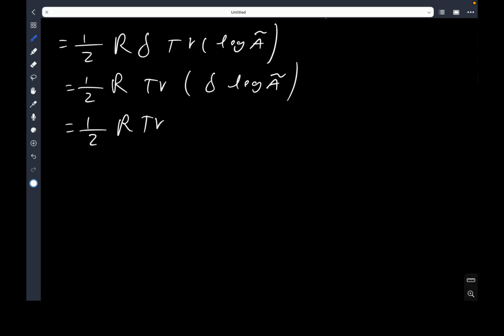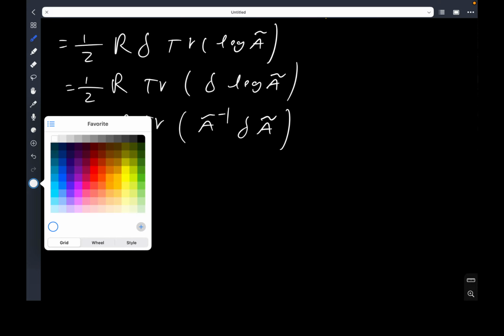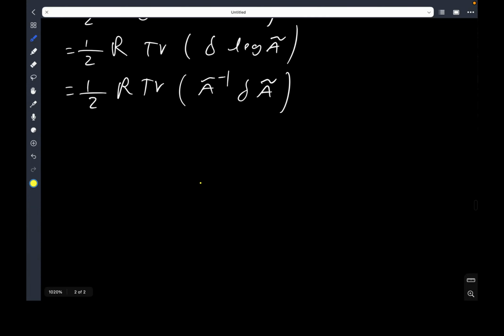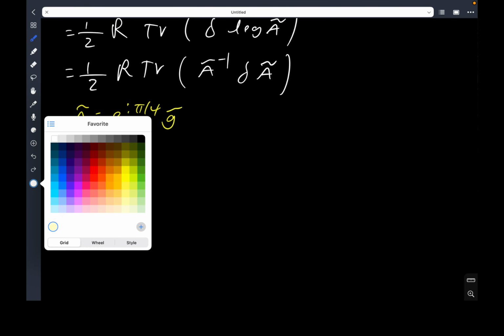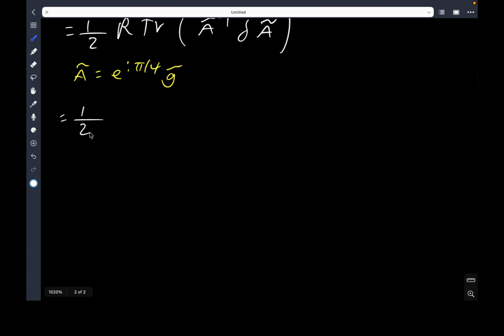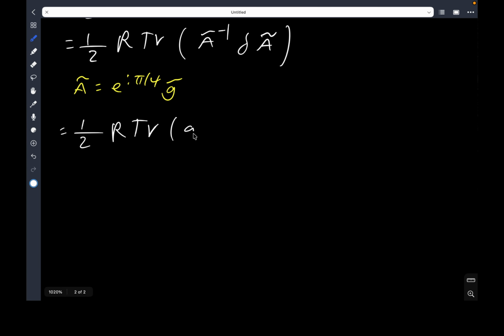is like the ordinary derivative. It's going to be the inverse matrix times delta of A, and remember that A was e to the i pi over 4 g. So because we have an inverse and a matrix here, these i pi over 4s are gonna vanish, and I can write it as half R trace of the inverse matrix delta g.